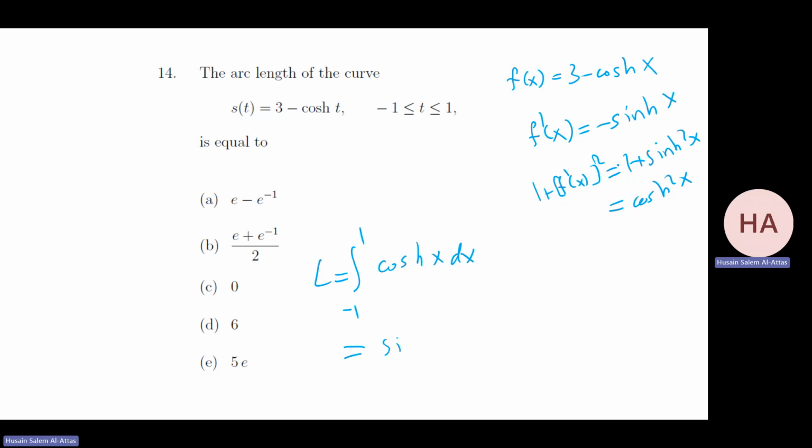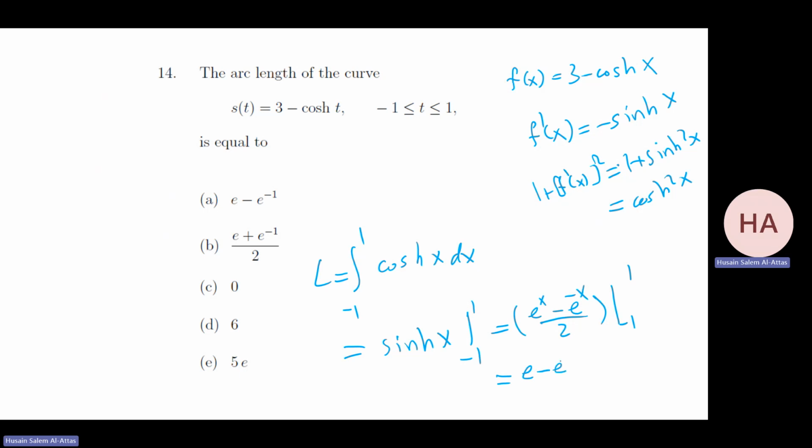That gives me sinh x from minus 1 to 1. That gives me e to the power x minus e to the minus x over 2, from minus 1 to 1. Let me do the calculation.